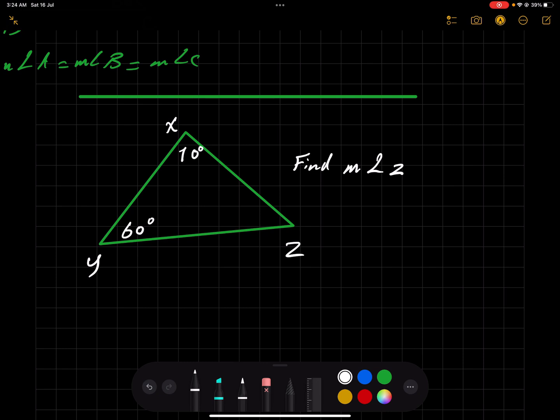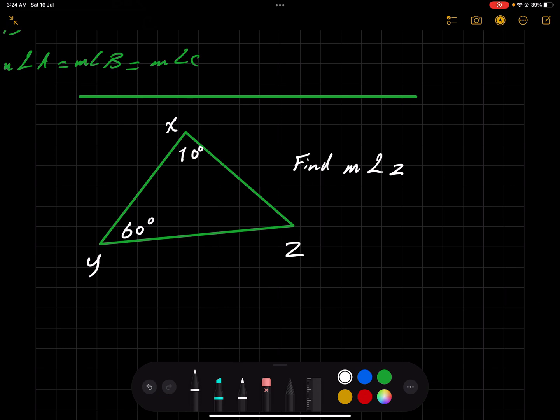He requires from you to get the missing angle. As I told you, if you add up all these angles together, you will get 180, which means that the measure of angle X plus the measure of angle Y plus the measure of angle Z equals 180.